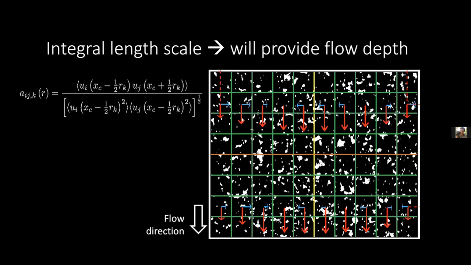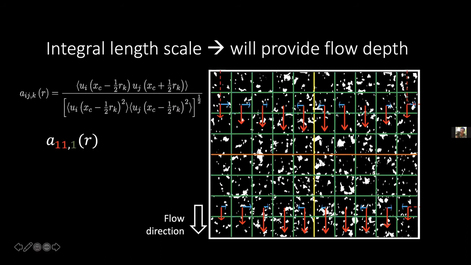So I'll just go through this part very briefly. We have our flow direction, in this case, going from top to bottom, this is just downstream in our channel. Our red velocities here are our downstream velocities, our blue are our cross stream. And we can calculate the integral length scale as the integral of our normalized spatial autocorrelation.